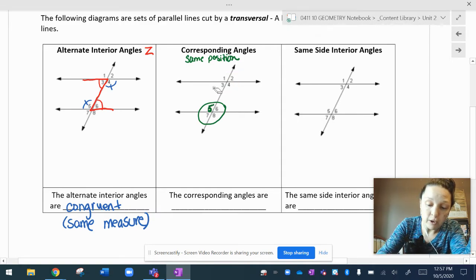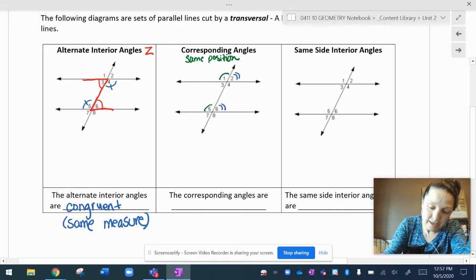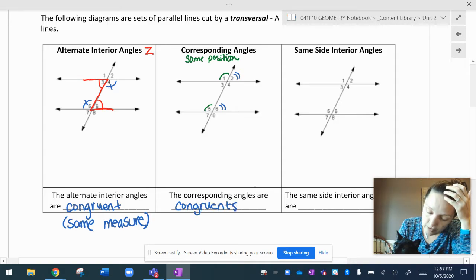Those are corresponding angles. So number 1 and number 5 would be corresponding, or numbers 2 and 6 would be corresponding. Okay, so same position. And the other rule is corresponding angles are also congruent, which means they have the same measure again.